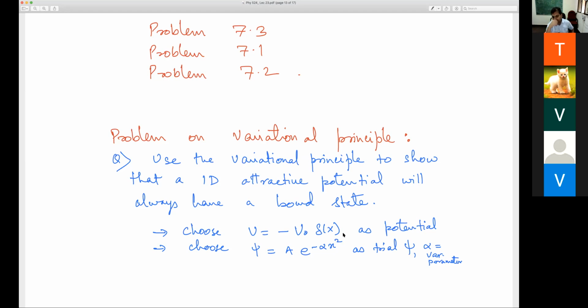Treat alpha as a variational parameter, etc. Calculate the ground state for this variational problem. Minimize the energy, etc. And if you can show that the variational energy is already negative, right, then that's a bound state, because the actual ground state energy will always be below that, right? So that's the idea for this problem.